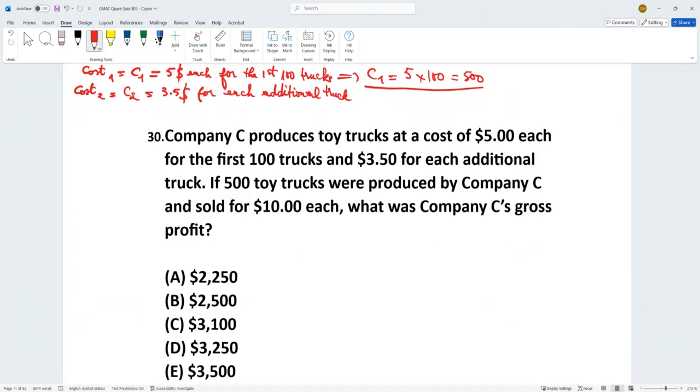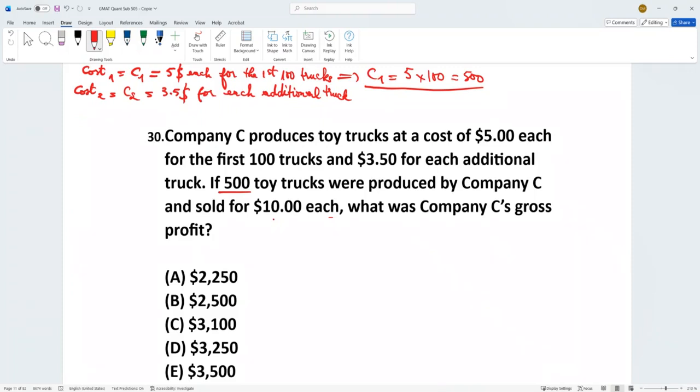Now the question is, if 500 toy trucks were produced by company C and sold for $10 each, what was company C's gross profit?